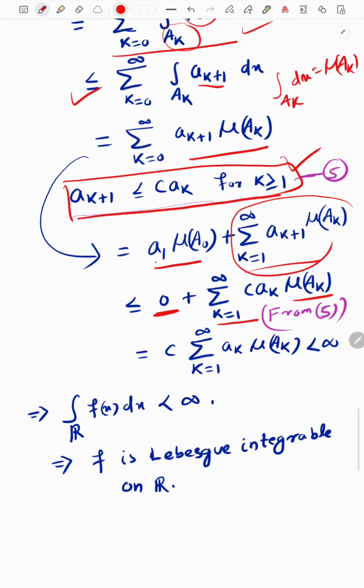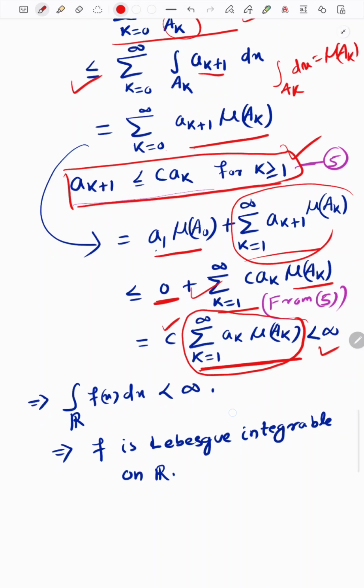Okay. Now we have reached this step, and here c times ak, c is a constant quantity, so it comes out, so it gives this sum. But in our question it is given that this series, ak from 1 to infinity or k from 0 to infinity, is a finite quantity, but our c is a real number, so their product is also a finite quantity.